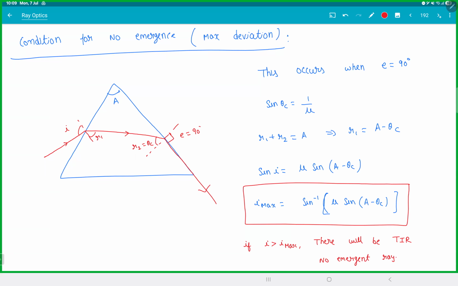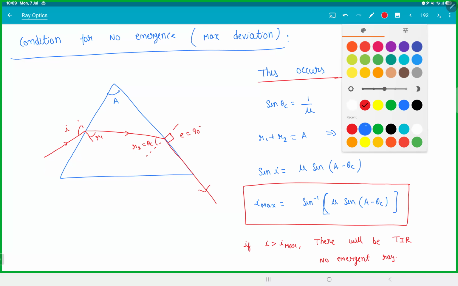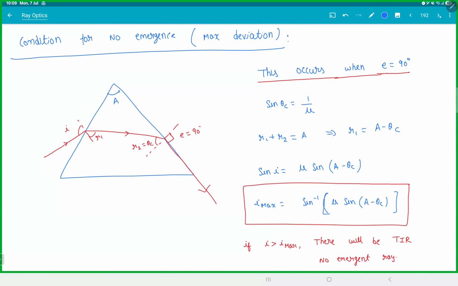Clear with us? Not difficult to derive, but difficult to remember them. So you should know what is happening. This is the main thing. Clear?